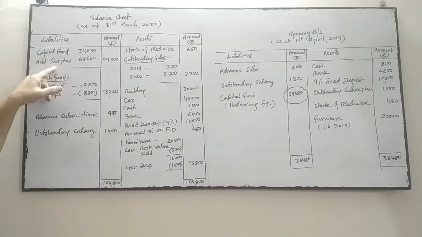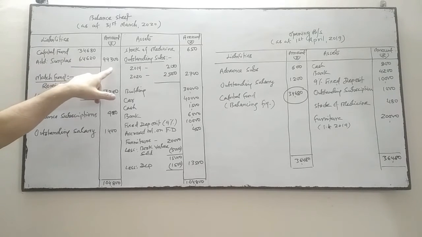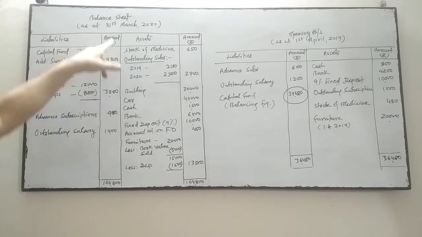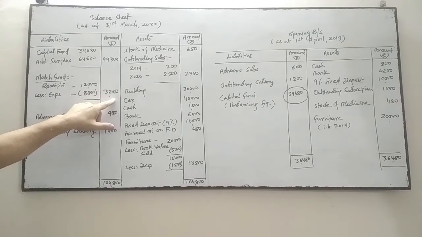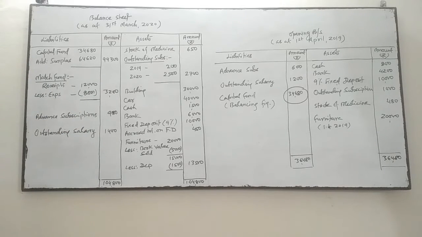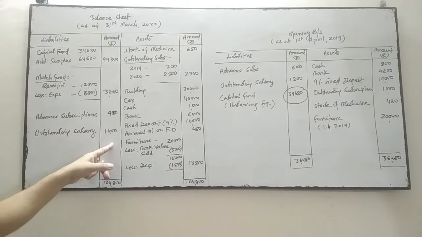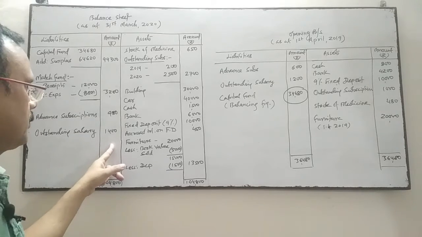Surplus transferred from income and expenditure account. Add this to the first one. This is the total capital fund on this date after surplus. Match fund: receipt is this much, expenses is this much, so the rest of the fund is this much in the match fund. Advance subscription is this, given in the additional information. Outstanding salary is as given in the additional information.